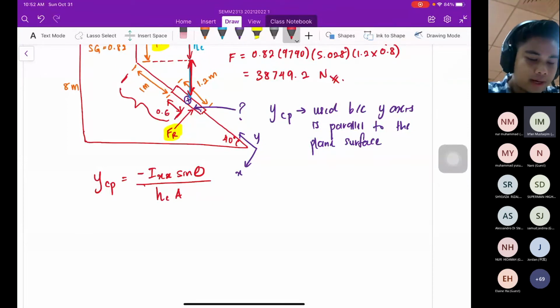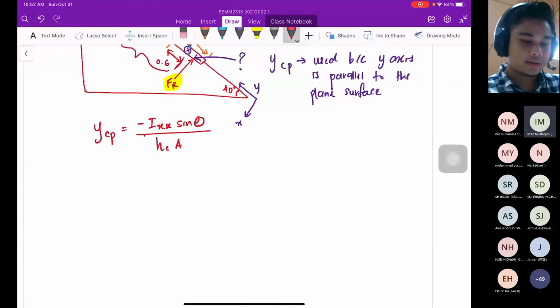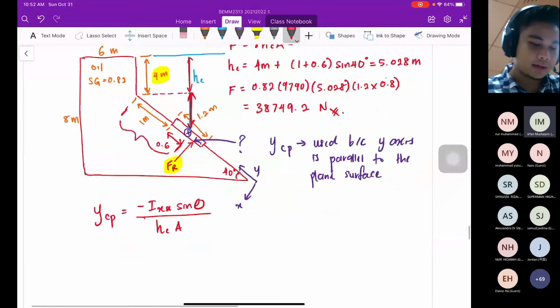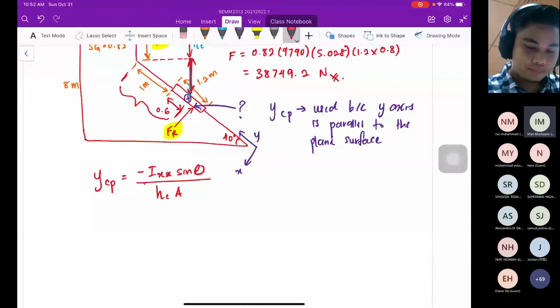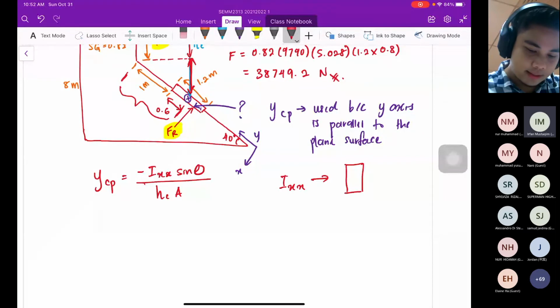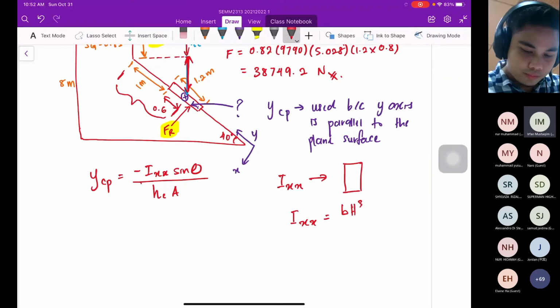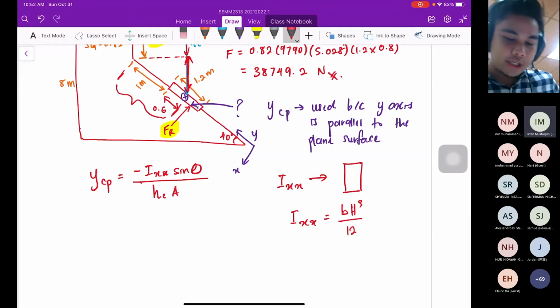So, how to get Ixx? When you look at the moment of area table, you will find that Ixx for the rectangular shape is basically BH cube over 12. So where is the B and where is the H?